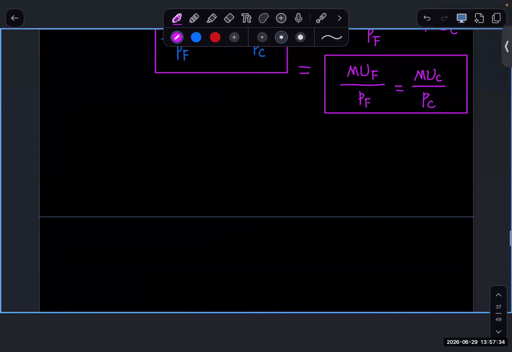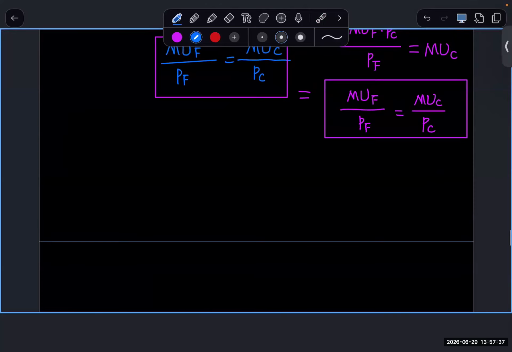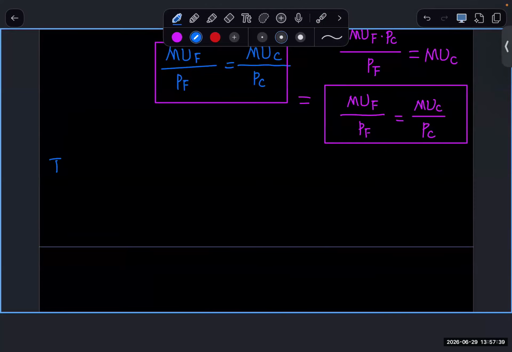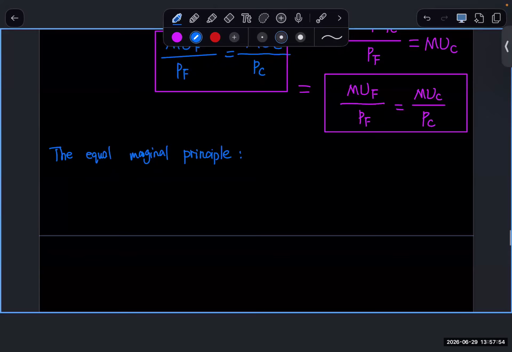Next point, the equal marginal principle. What does it mean? It means MUF over price of food equals MUC over the price of clothing.